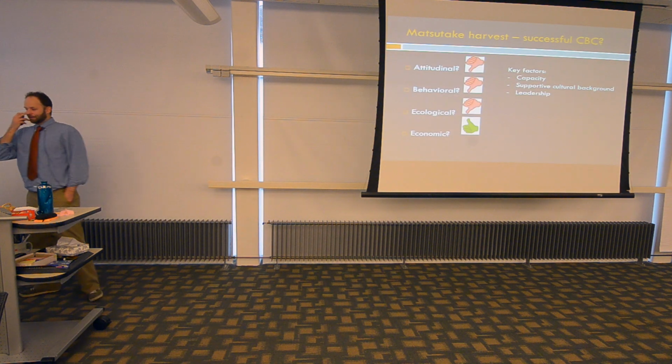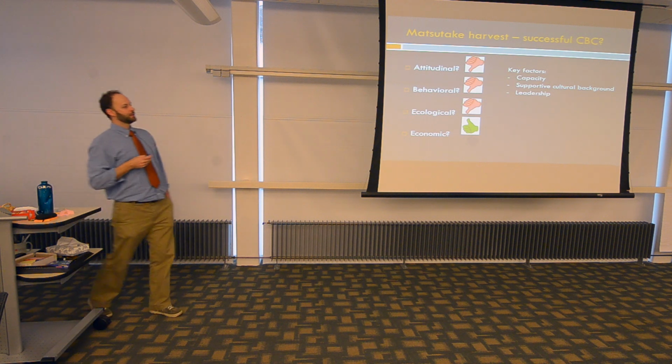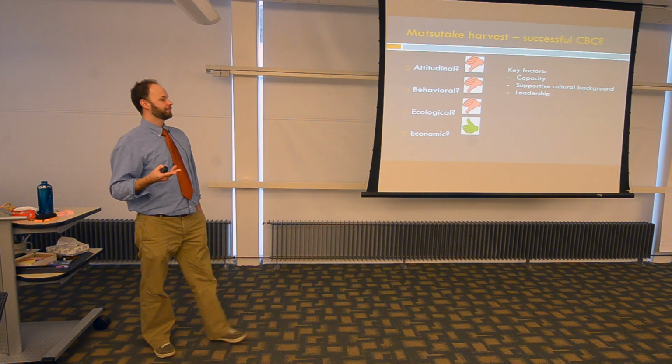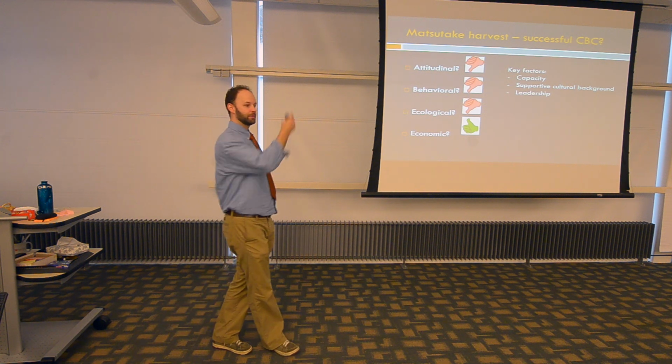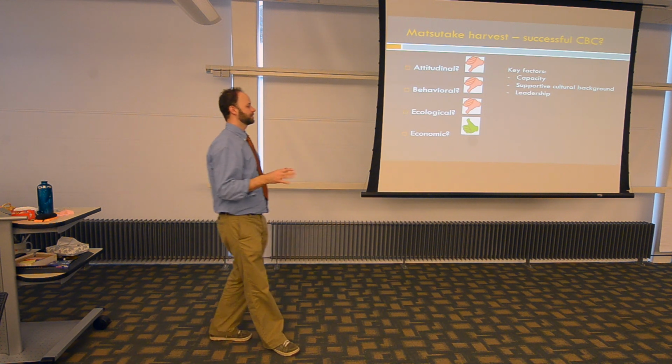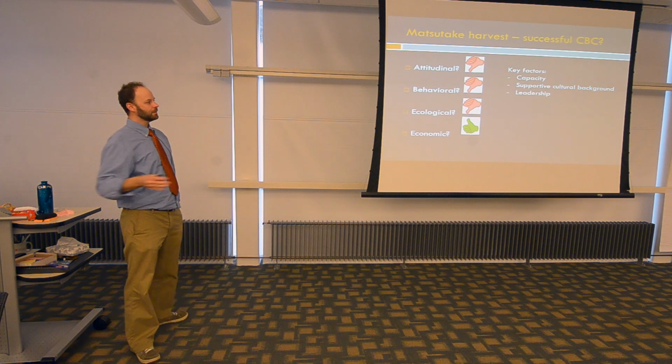So just running back through the four outcomes, attitudinal behavior and ecological failure, it appears, even if there's been economic success to some degree, although even with a drop in costs, you could argue that hasn't been super successful in the long term.